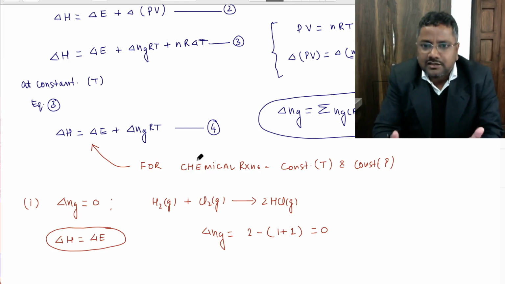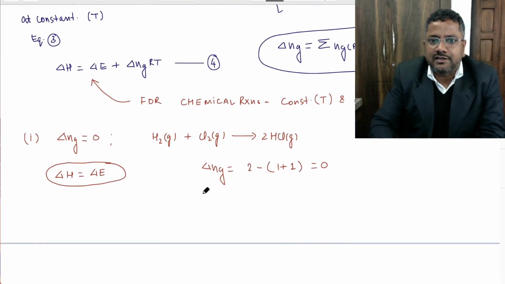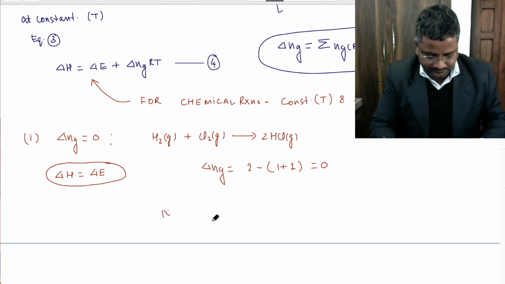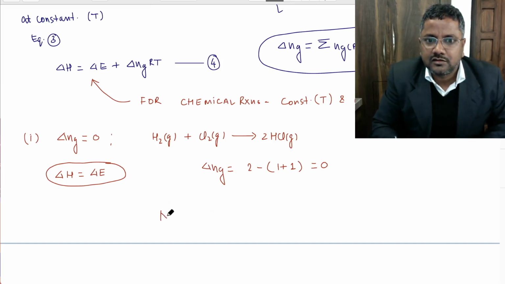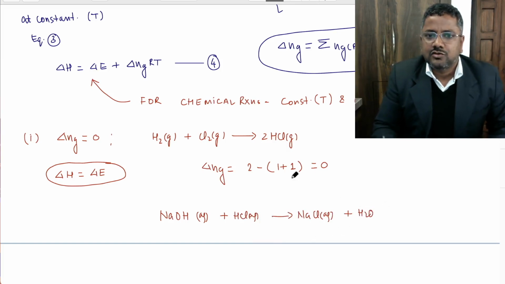Clear? Other reactions, suppose you take a reaction like NaOH aqueous plus HCl aqueous gives NaCl aqueous plus H2O, already it is aqueous. So for this, what is delta Ng? Delta Ng is equal to 0.